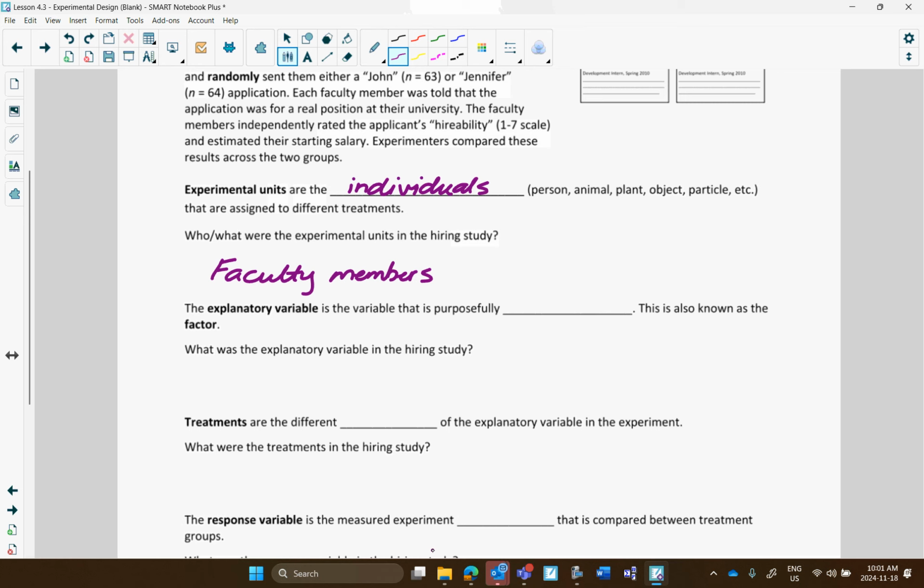Just like we talked about in Unit 3, when we analyze the relationship between two variables, we have an explanatory variable and a response variable. Well, the explanatory variable is the one that we're purposely going to manipulate.